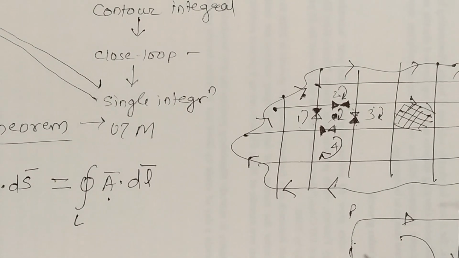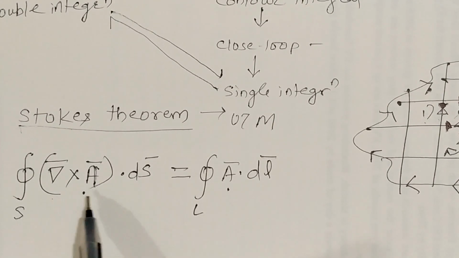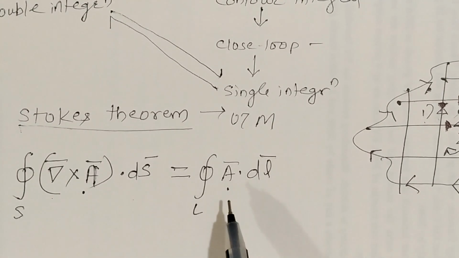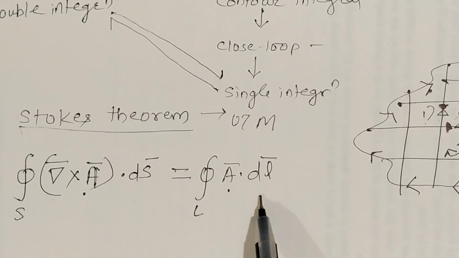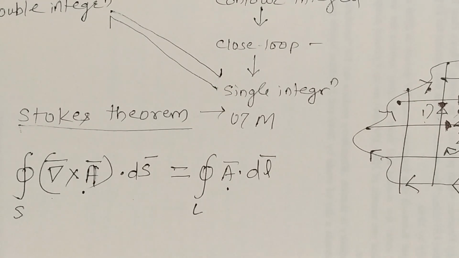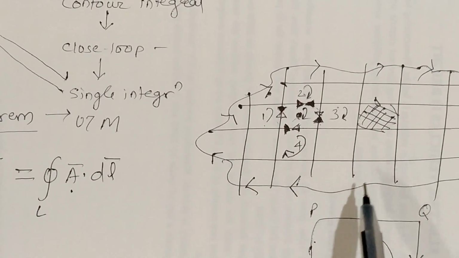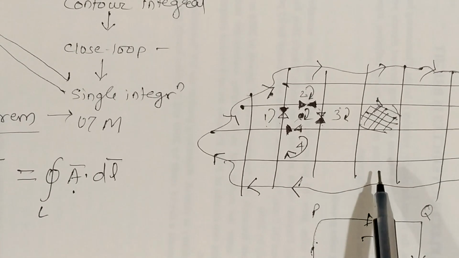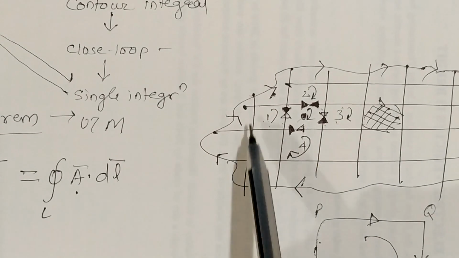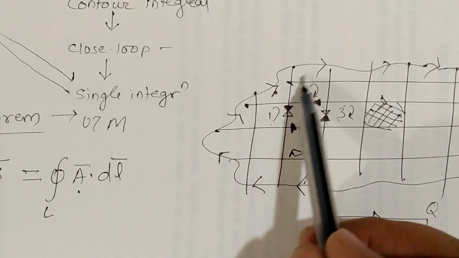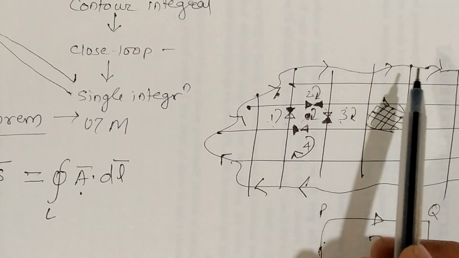And therefore we can say that the surface integral of the curl of a vector is exactly equal to the line integral of A bar dot dl bar. That is, we have a surface which is divided into n number of rectangles, and these rectangles cancel each other, leaving behind the vector along the boundary.